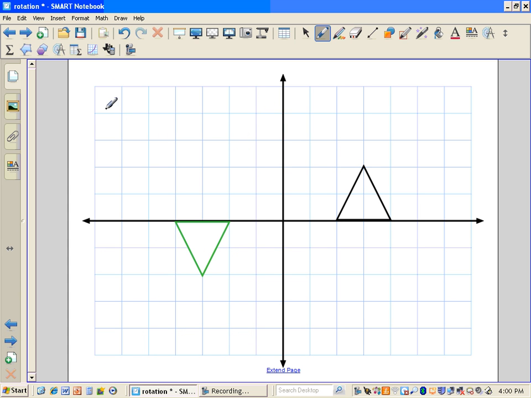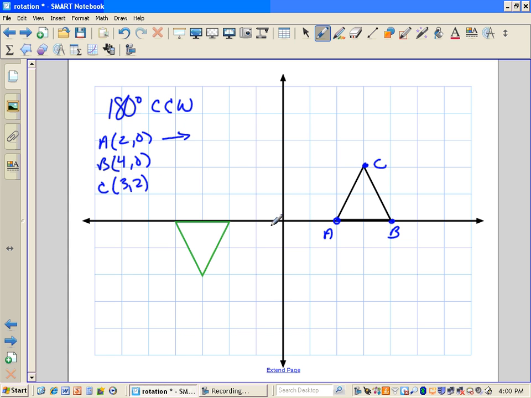Here, hopefully you're saying in your head, this one is a 180-degree counterclockwise rotation. We've just totally flipped it around. So again, same points: A is (2, 0), B is (4, 0), C is (3, 2).